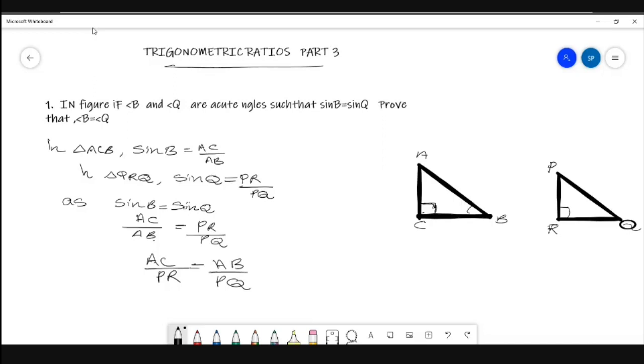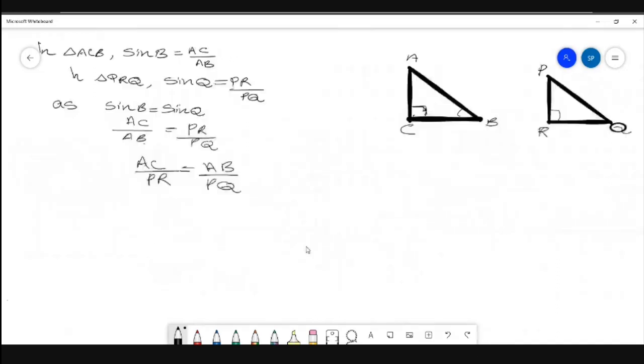So you can see AC into PQ equal to AB into PR. So AC by PR equal to AB by PQ. If you want, you can write one more step. You can see AC by PR equal to AB by PQ.